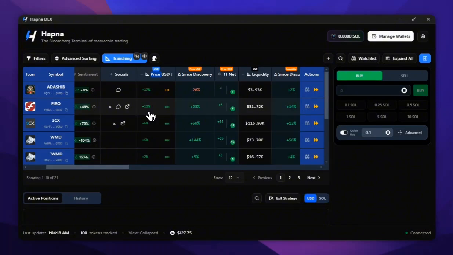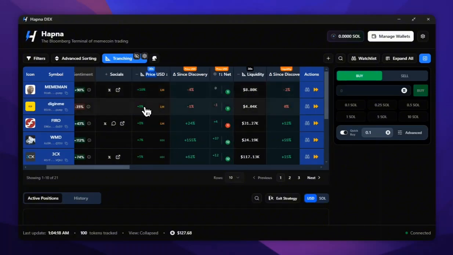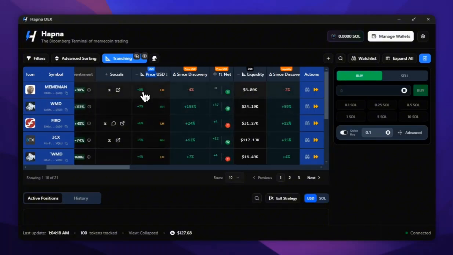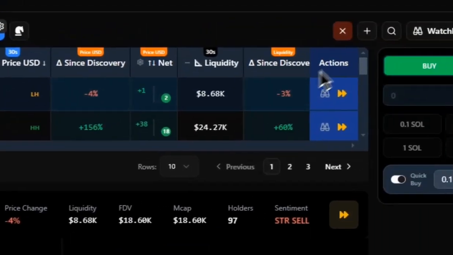Now is never constant, as you know, guys, and we're giving you the percentage change. If you can see here, this meme coin called Firo, I don't know how to pronounce that, has moved 14%, seems to be dropping. You can see this meme man is moving 9% positive, and so on.